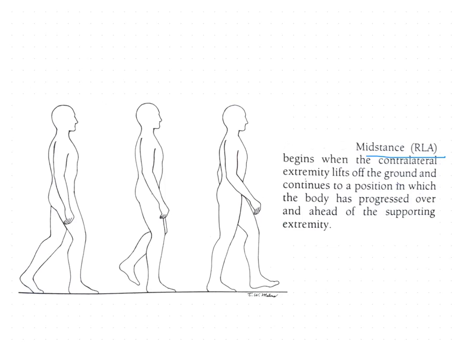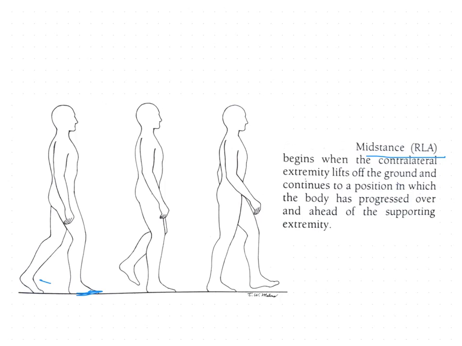This mid stance phase starts at flat foot of the gait cycle, begins when the contralateral limb lifts off the ground, and continues to a position in which the body has progressed over and ahead of the supporting limb.